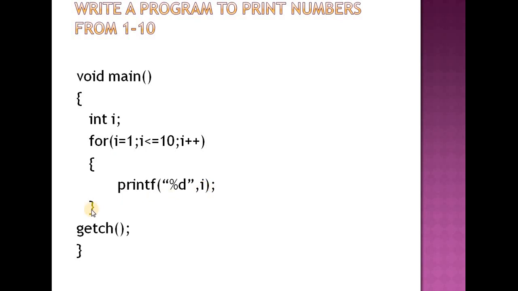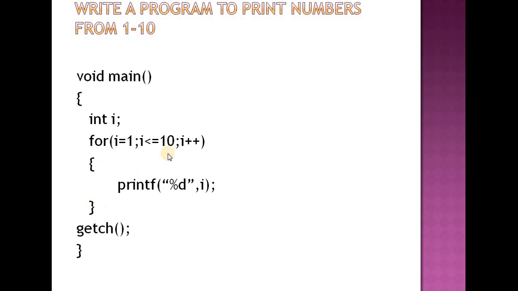With this curly bracket, remember that the control will jump to the third statement, i plus plus. The value of i was 1, plus plus i will become 2. From here the control will again jump over here for the test condition. Is 2 less than or equal to 10? Yes, true. So again enter the loop, 2 will get printed.